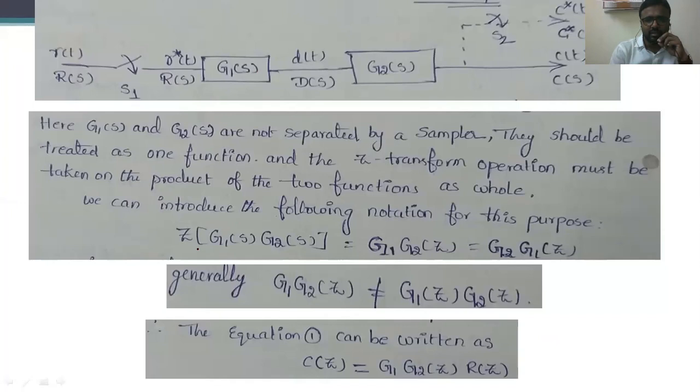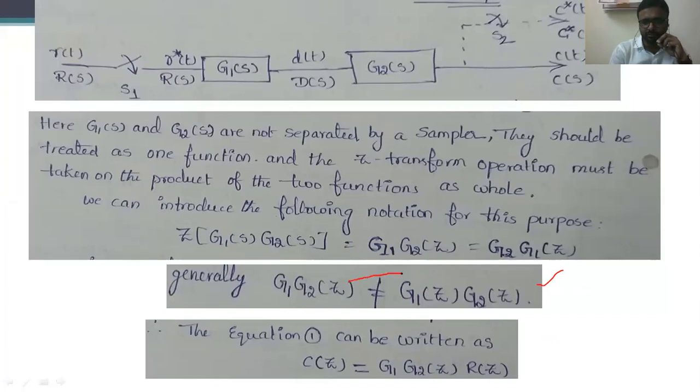Therefore, the Z transform of G1 of S and G2 of S is nothing but G1 G2 of Z. The Z transform of the two elements which are placed in the cascaded position is nothing but G1 G2 of Z. That is also called G2 G1 of Z. But make sure that this G1 G2 of Z is not equal to G1 of Z into G2 of Z. It is different.